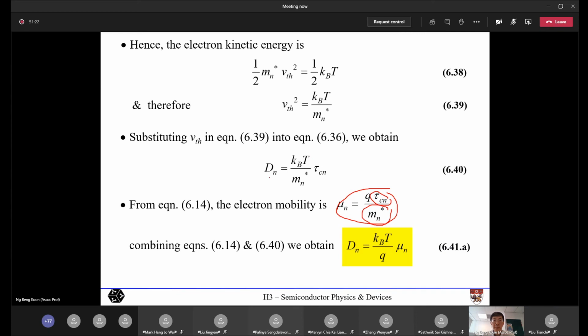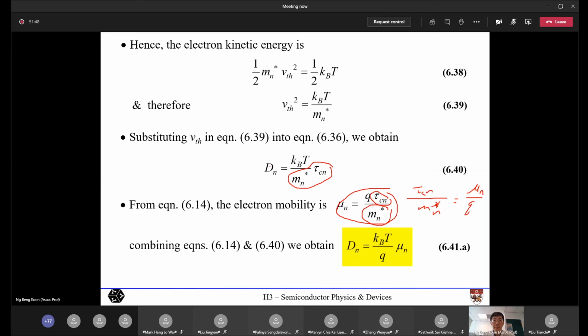And from this diffusion coefficient term, we see that there is an average time between collision, there's an effective mass in the denominator. Okay, so using these terms here, you can see that the tau Cn over the effective mass is just equal to the mobility of electron over the charge.